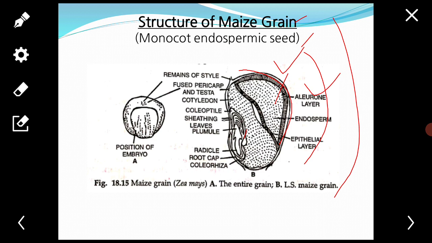The cells of the aleurone layer are filled with proteinaceous aleurone grains, which play an important role at the time of germination.